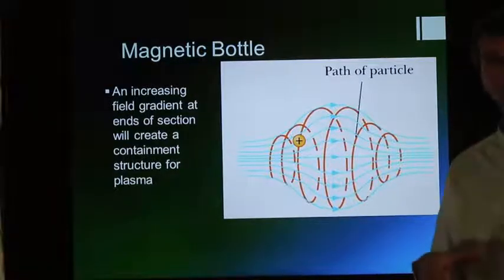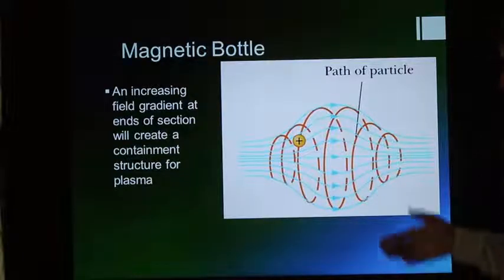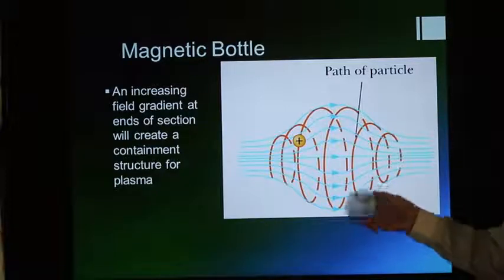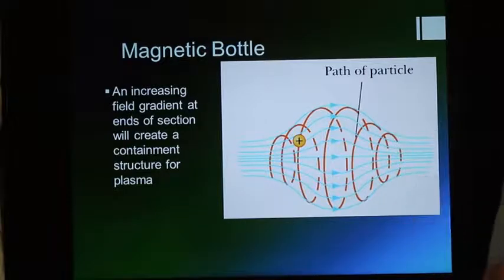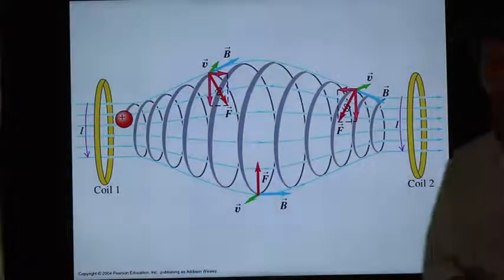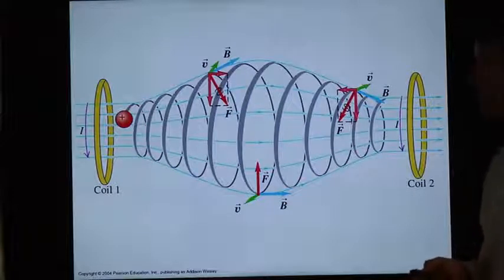So again, a physical container is not really effective in keeping plasma. However, using a magnetic field, plasma is charged. We can trap that plasma and really confine it to some region. Again, here's another look at one of these magnetic bottles with mirrors at each end.